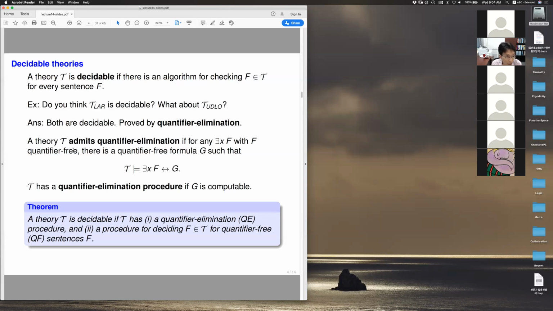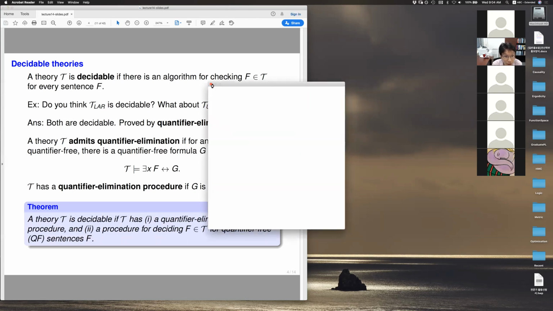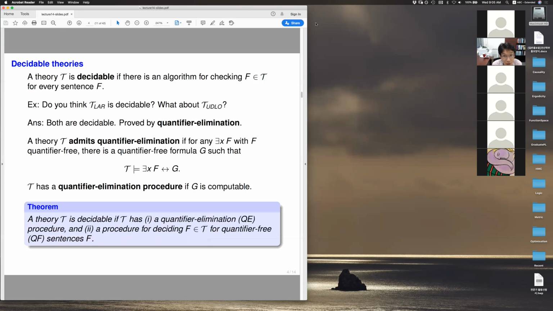We say a theory admits quantifier elimination if, whenever we are given an existentially quantified formula, exists x. F, where F is quantifier free, so F may contain free variables other than x, it is always possible to come up with a formula G which is quantifier free, such that they are equivalent under T. This means any structure satisfying all the sentences in T shouldn't be able to distinguish these two formulas.